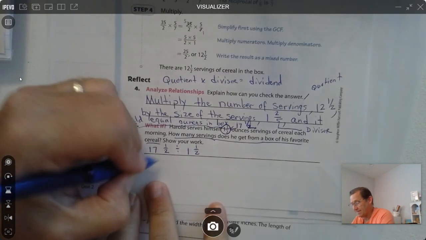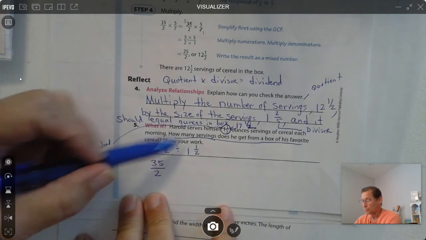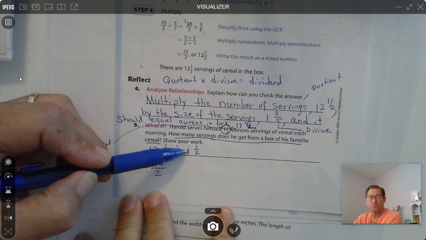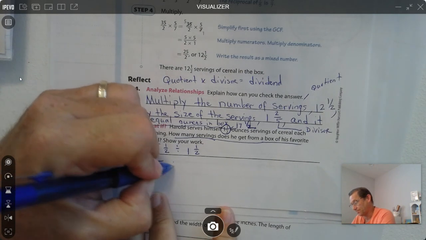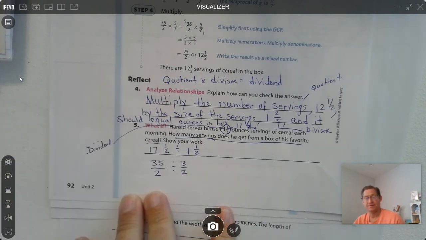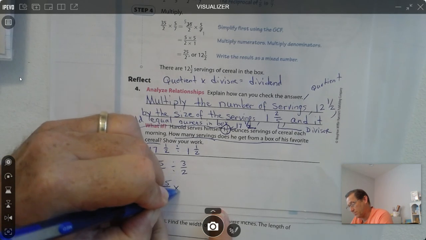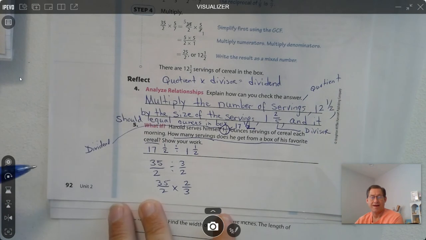So we already know 17 halves is the same as 35 halves. 1 1/2. Well, that's one set of 2 halves plus the extra 1/2. So 3 halves. Okay, this is the same as multiplying 35 halves by the reciprocal of 3 halves.